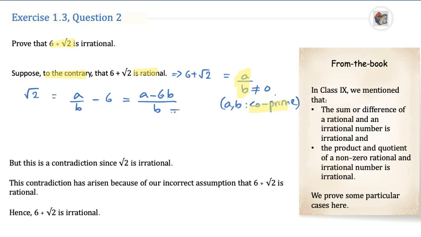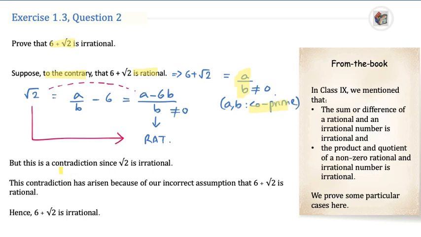Now again, the denominator is still b, so it is still non-zero, and if a and b are both integers, then a minus 6b is also an integer. So this is in the form integer divided by integer, where denominator is non-zero, which means this here is a rational number. And if this is a rational number, then square root of 2 is also a rational number, because square root of 2 is equal to this, as we see.